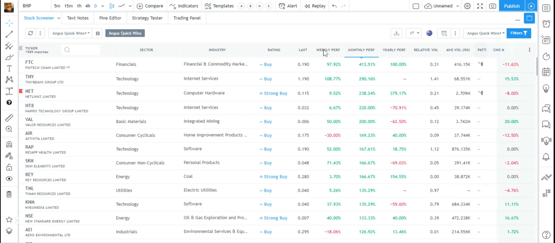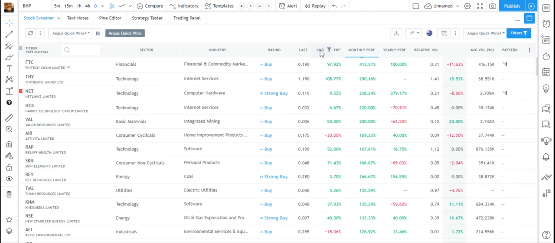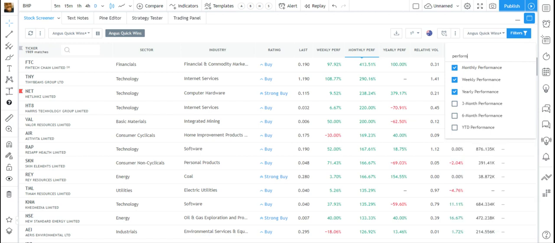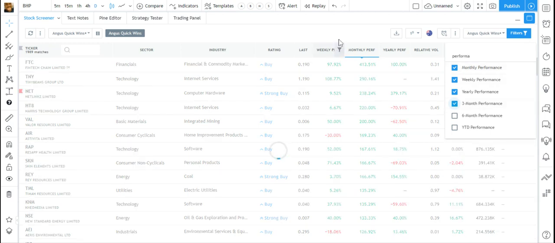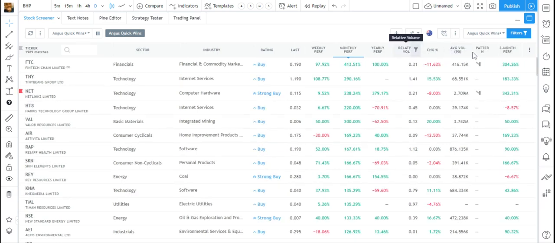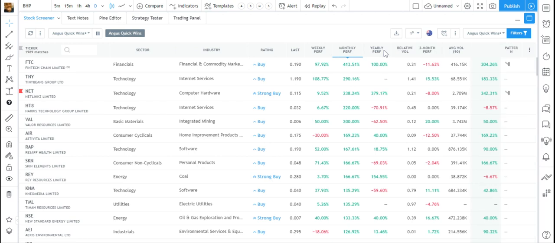So I'm going to drag this across here to the right. So I've got weekly, monthly. I'd like to have 3 monthly. And so that's obviously performance. It's consistent with the others. So 3 monthly performance. I'll move him across to here.